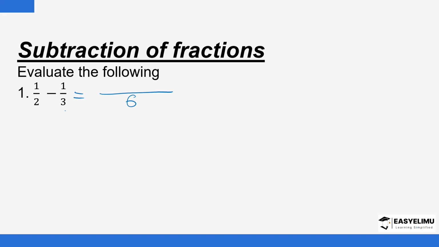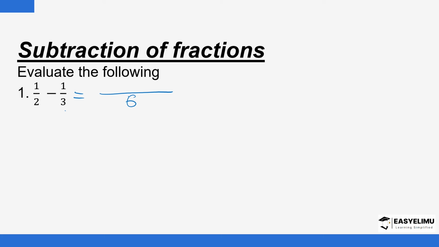Then after that, just like we did when doing addition of fractions, what you'll do next is to find out how many times the denominator goes into the LCM, or LCM divided by the denominator, then the result you multiply by the numerator.